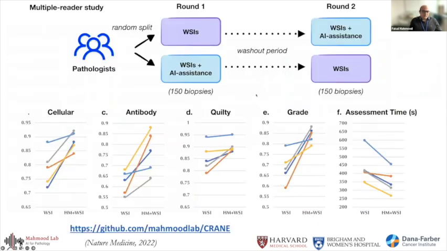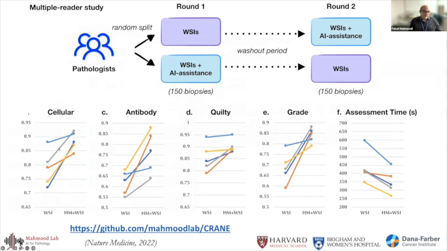But I think perhaps this one clarifies it a little bit more. This is another experiment, again done with five experts, where they were randomized to look at either whole slide images or whole slide images with AI assistance for 150 biopsies, and after a washout period, they look at the reverse.